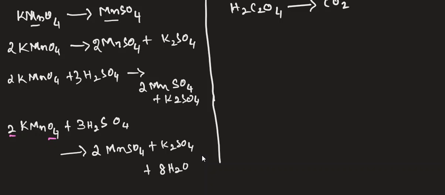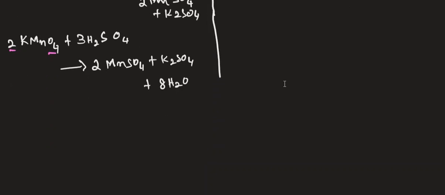And finally, hydrogen should be balanced by adding H plus on the H deficient side. So here 8 twos are 16. And how about on the left side? 3 twos are 6. So 16 and here 6. So I need to add 10. So I can add 10 H plus on the left side.